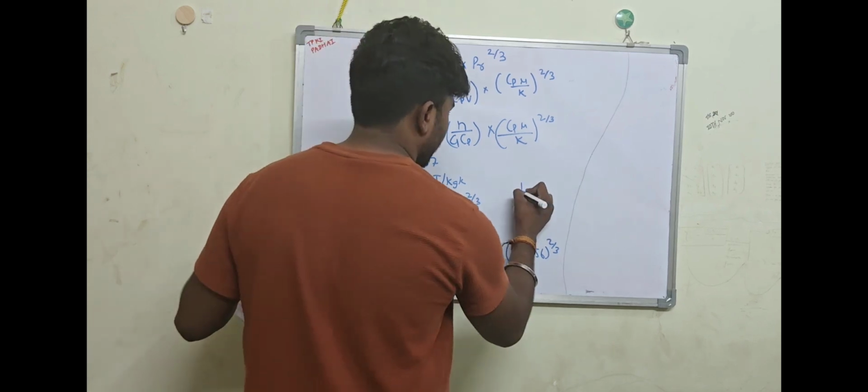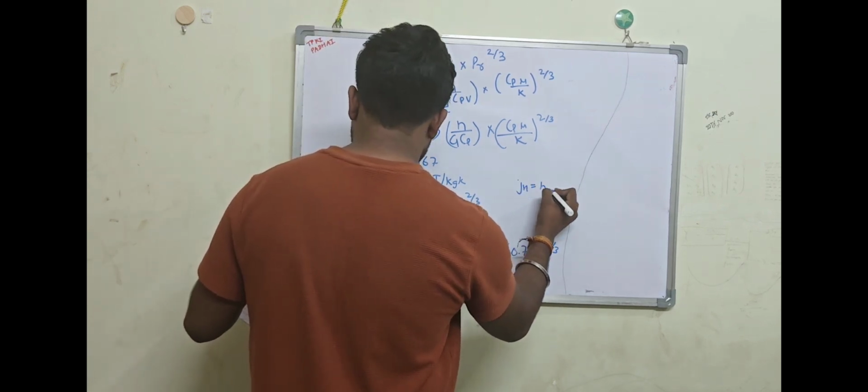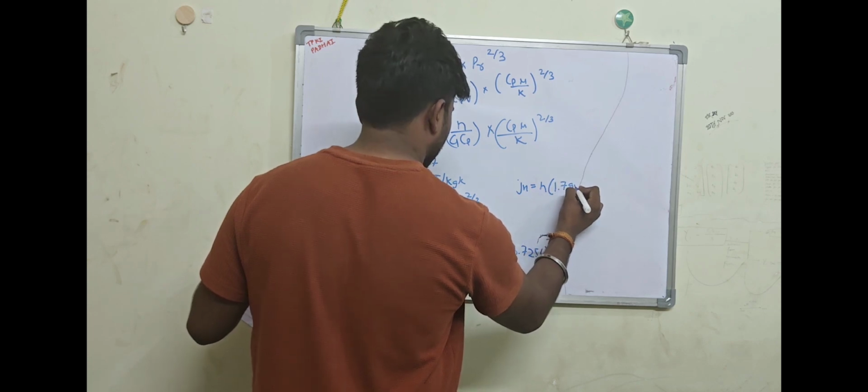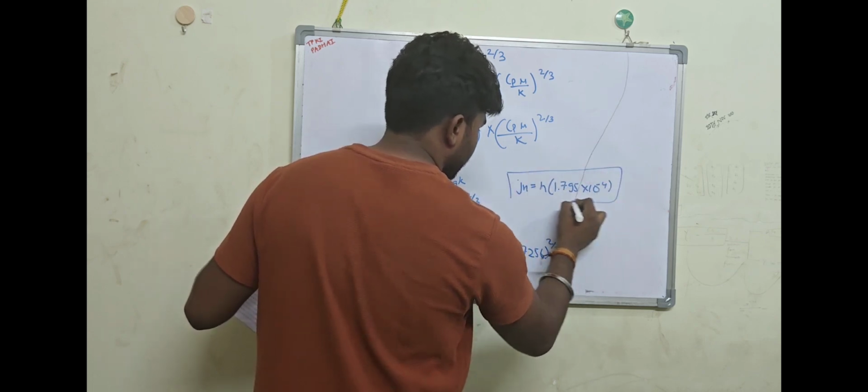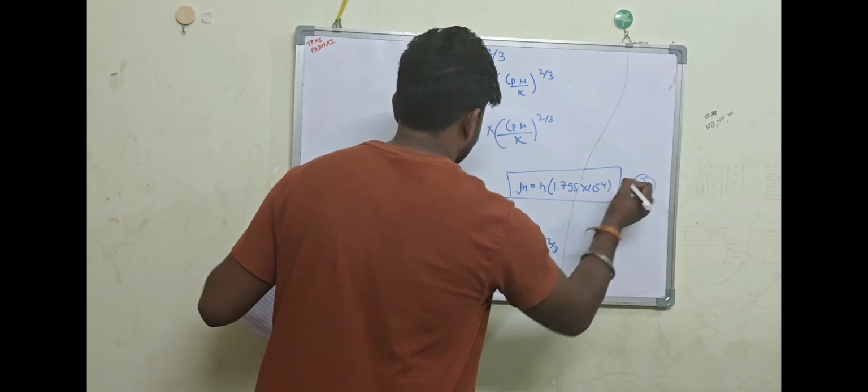So JH turns out to be H into 1.795 into 10 to the power minus 4. Let this be our equation 2.